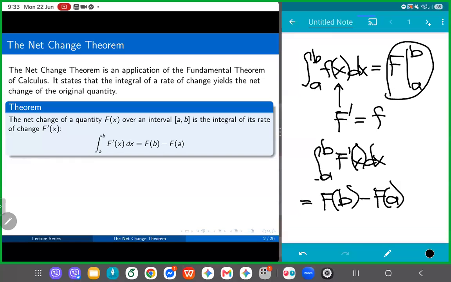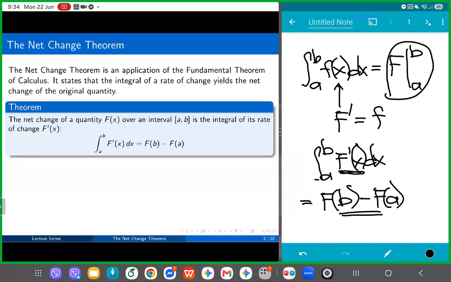So what we have here is an equation relating the derivative with the net change. F of b minus F of a is the total change in the function's value, capital F, from a to b.